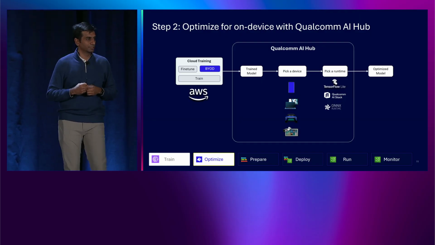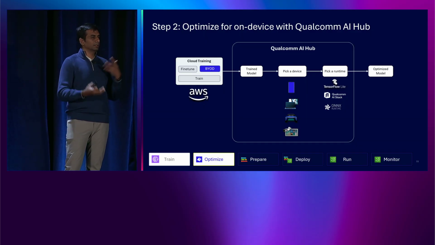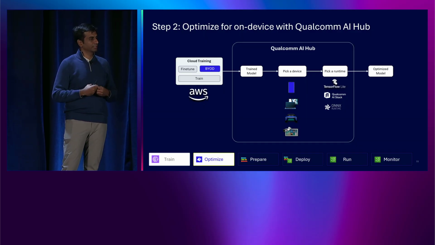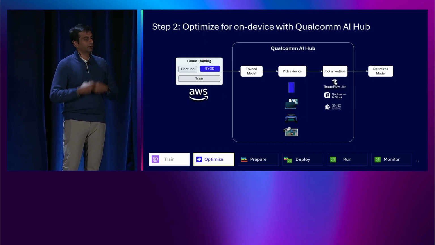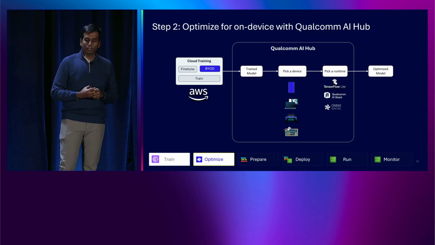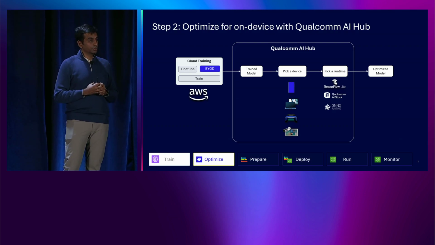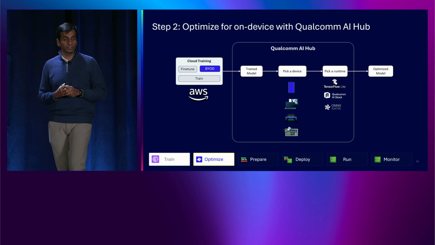And then what happens is we'll optimize the model for that particular configuration, we'll do all the conversion that's needed, all the optimization that's needed, and at the end of it, you'll get an output that you can be sure will run on the device.